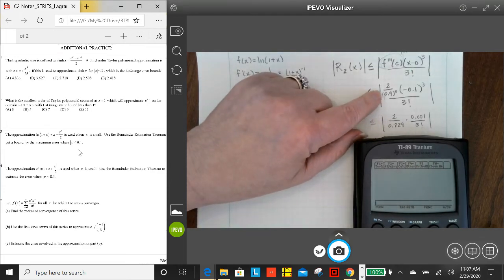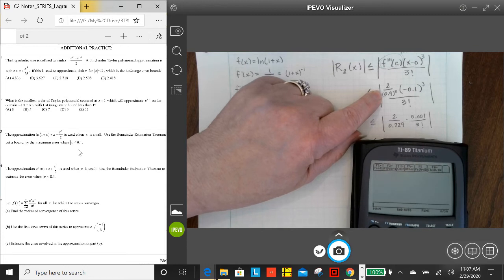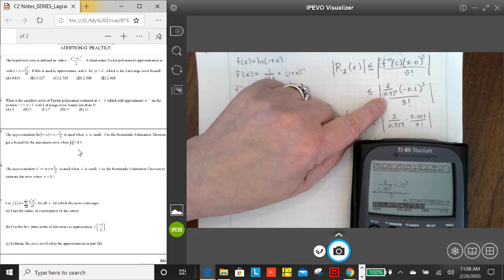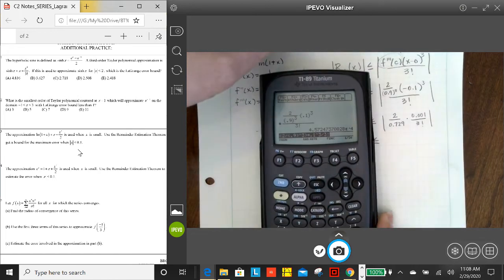And then I'm going to put in the original number, which is 2 divided by, let's put parentheses around it, 0.9 raised to the third times 0.1 raised to the third divided by 3 factorial. And that's our error. I hope everybody can see that, right?